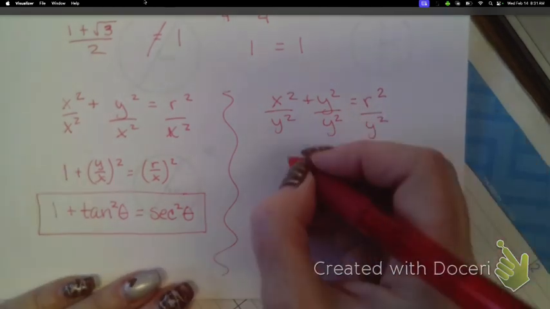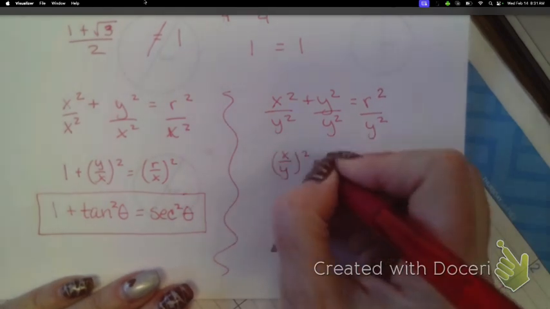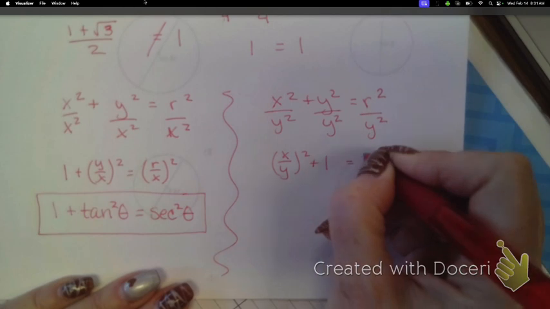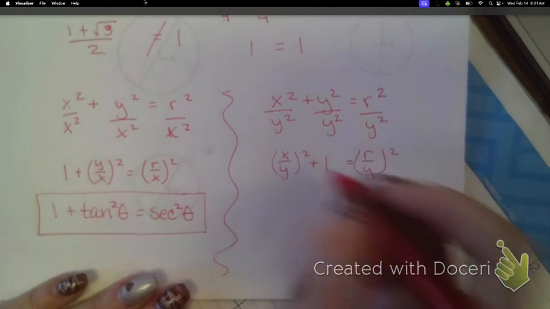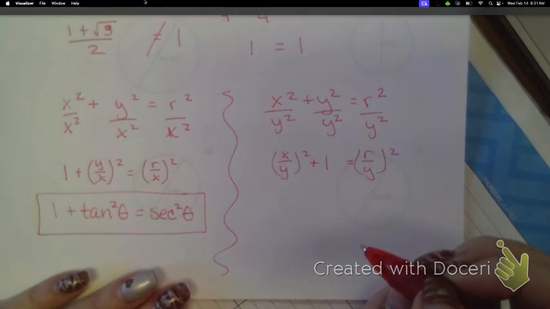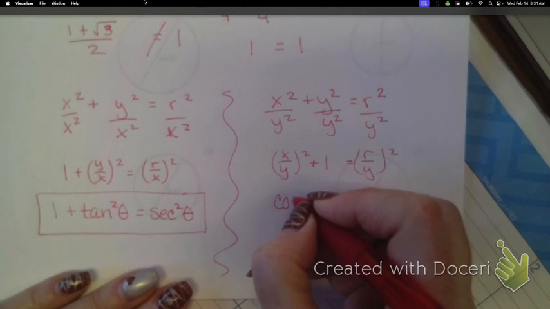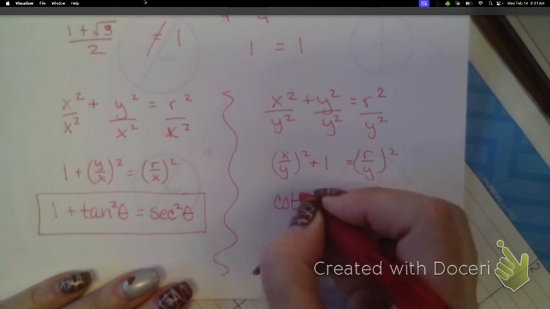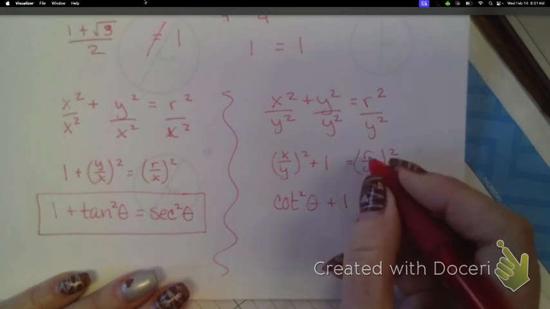So that gives me x over y squared plus 1 equals r over y squared. Well, what's x over y? Cotangent. So cotangent squared of theta plus 1. And what's r over y?